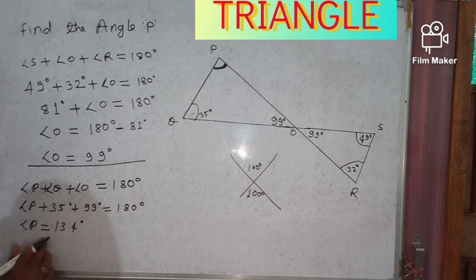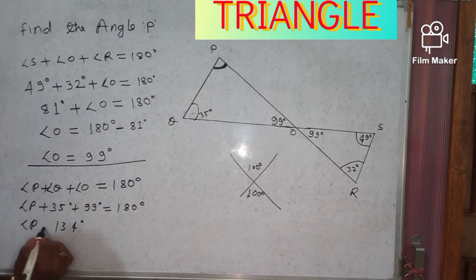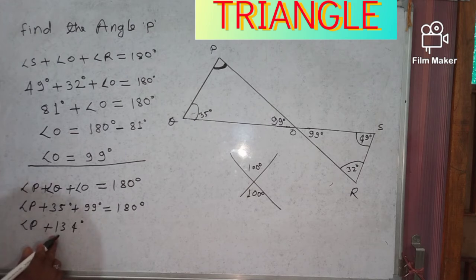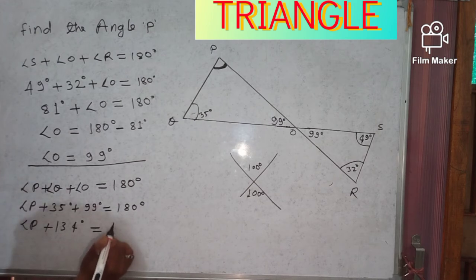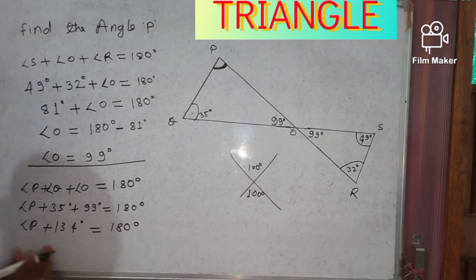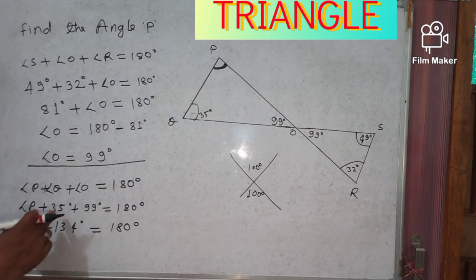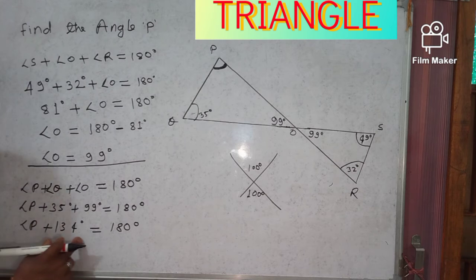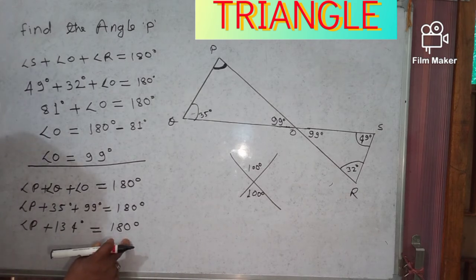Angle P plus 134 is equal to 180 degree, right? See here friends, if you add both, it will be 134. So angle P plus 134 is equal to 180 degree.